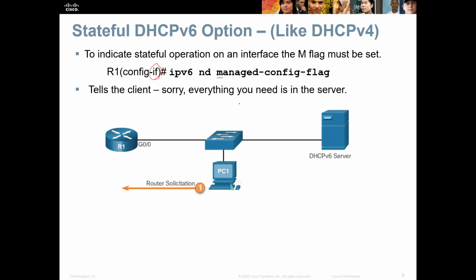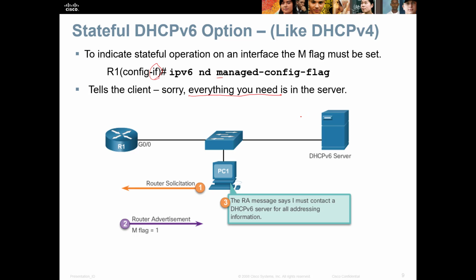Okay? Router solicitation starts the same. The response says, doesn't matter what the O flag is, the response says, everything you need is in the server, right? So this is back. The RA says, oh, I got a contact for the server for all addressing information, and then they talk.